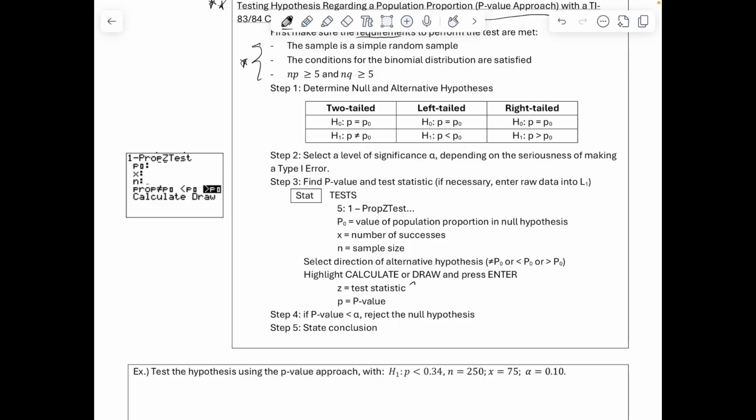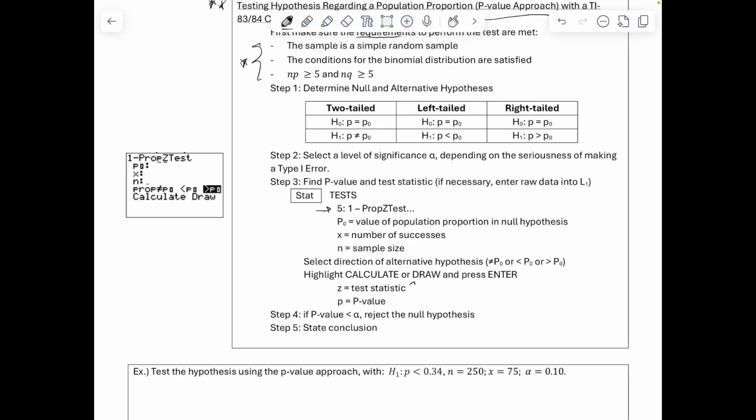If necessary, enter your raw data into L1. We are going to go to the stat button on our calculator, to TESTS, and from there go to number 5, which is 1-PropZTest. If this is something different on your calculator, make sure to edit these notes so it fits your type of calculator or app.